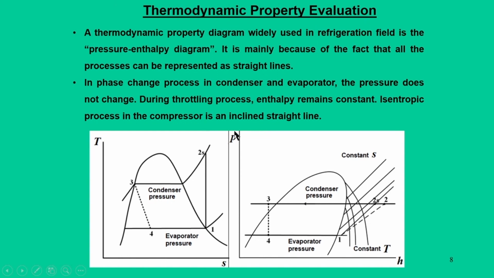When you deal with it, we have saturated liquid, liquid vapor mixture, saturated vapor, then superheated vapor, and to cater to all these state points we require information on both pressure and temperature. That is why pressure and temperature come into the picture on one of the axes.